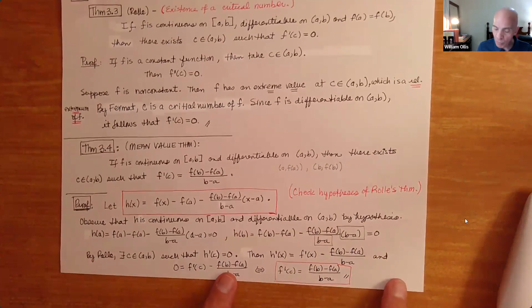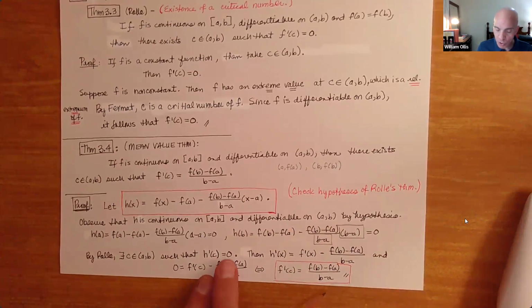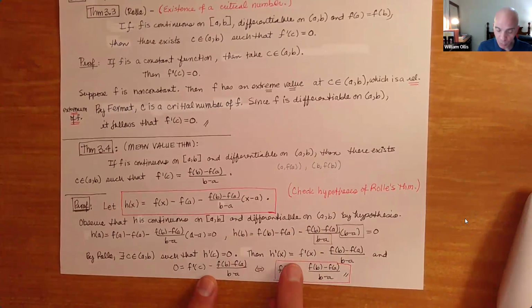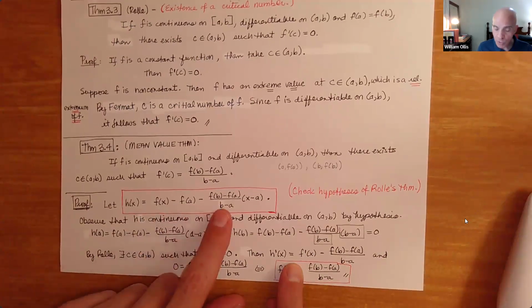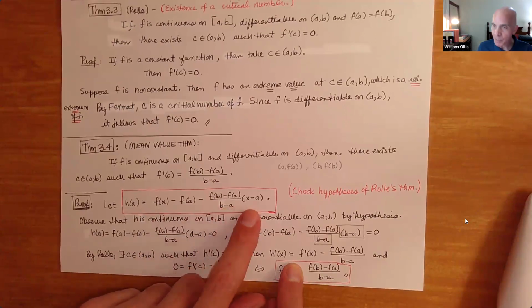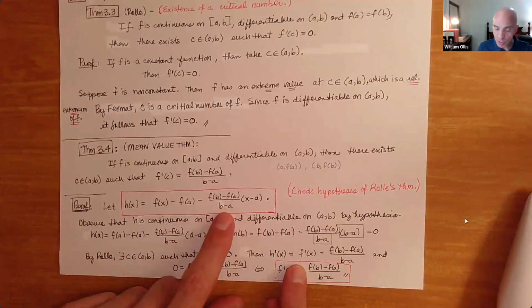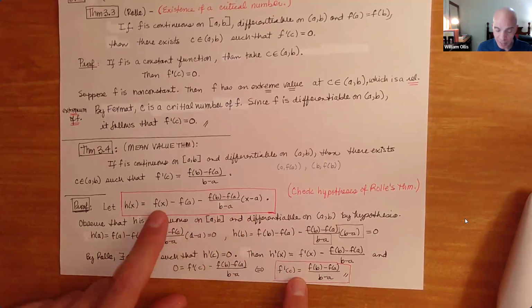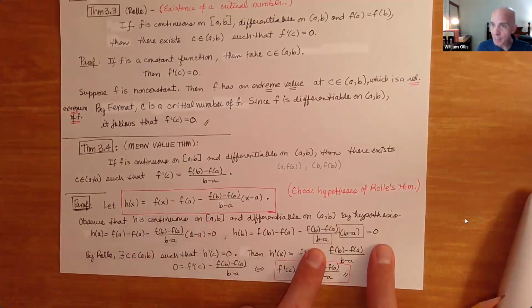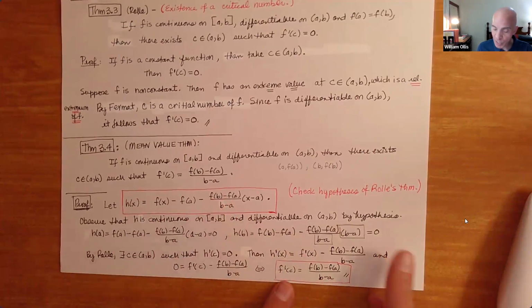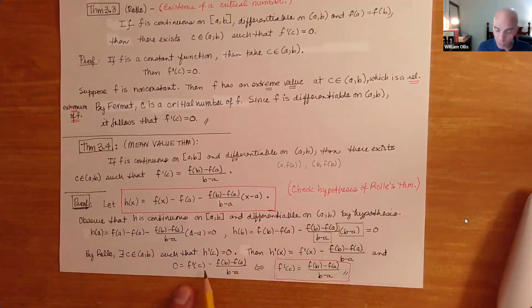Now, one thing we need to do in order to use this equation is just compute the derivative. Well, of course, the derivative of the constant is 0. And of course, the derivative of a constant times a linear function is just the said constant. So what we get is f prime of x minus the slope of the secant line. So that derivative is very simple. And then what we want to do to get h prime of c equal to 0, we simply replace x with c and set that equal to 0.